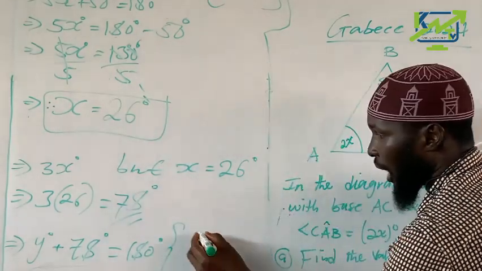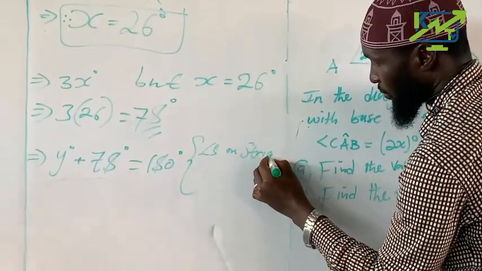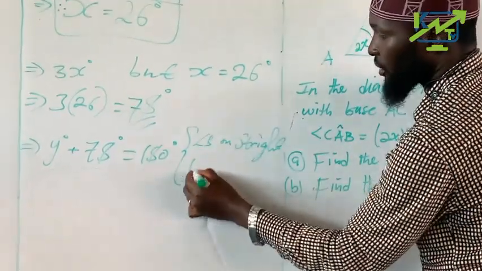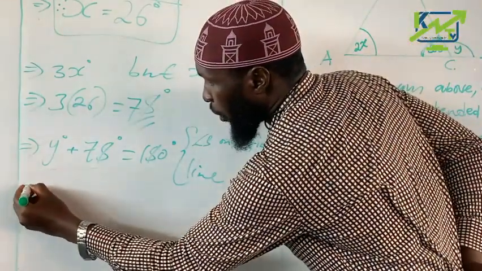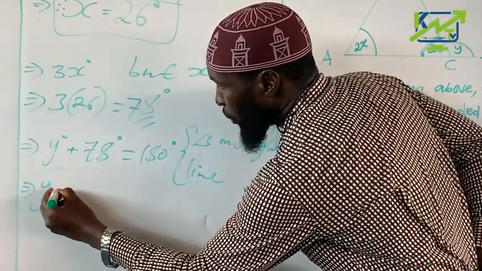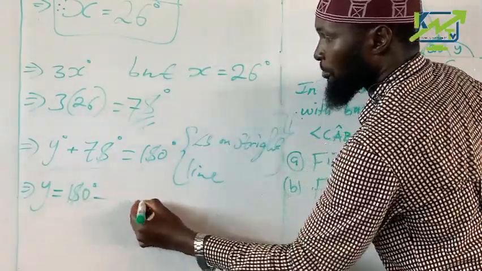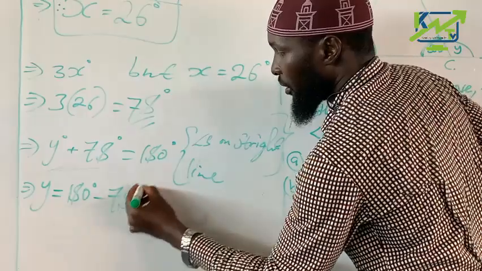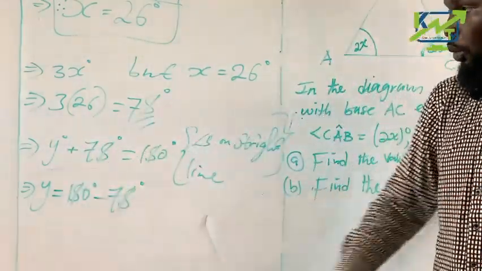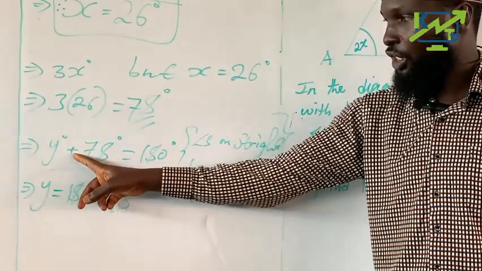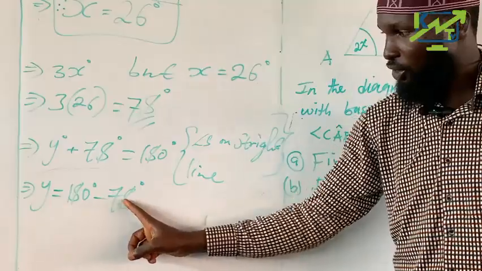The reason is angles on a straight line. So now our y is equal to 180 degree minus 78 degree. Remember, it is 78 degree on the other side, positive. When we move it to this other side, the sign changes to the inverse. When it is plus, it changes to minus. That's why we have minus 78 degree.